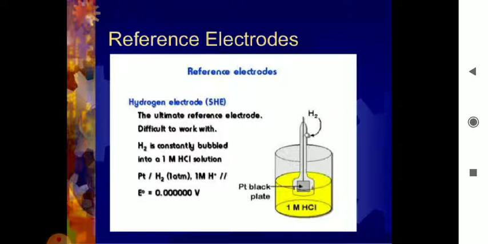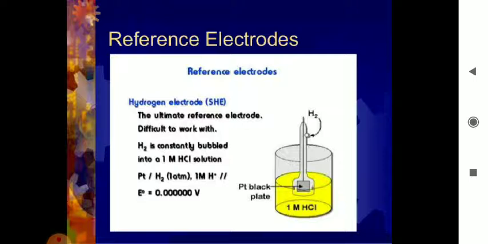The plate we have used is a platinum black plate, and its reference potential is 0.0 volt, which is a standard potential. Platinum is in contact with hydrogen gas at 1 atmospheric pressure.